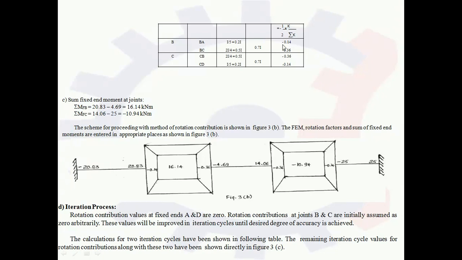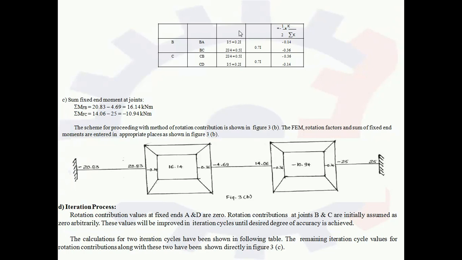Putting the values into the equation, we get minus 0.14 as the rotation factor of BA, and the rotation factor of BC is minus 0.36. Logically, the sum of the rotation factors at any joint must be equal to minus 0.5. This is the check we have to do for any particular joint.